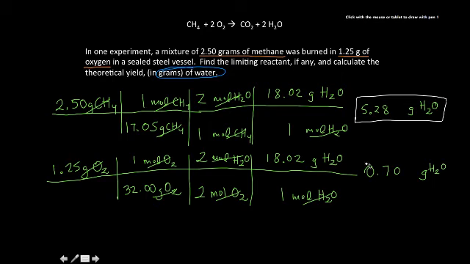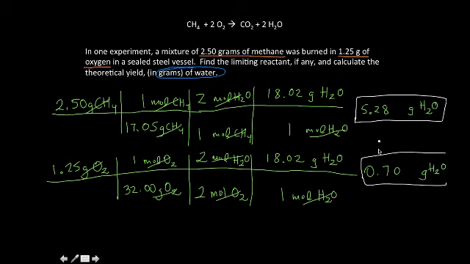Alright, well, let's go ahead and talk about what this means. If I have 2.50 grams of methane, I can theoretically make 5.28 grams of H2O. However, I've been given 1.25 grams of oxygen, and that's all the oxygen that I get, and it turns out that when I use that much oxygen, I'm going to make 0.70 grams of water.